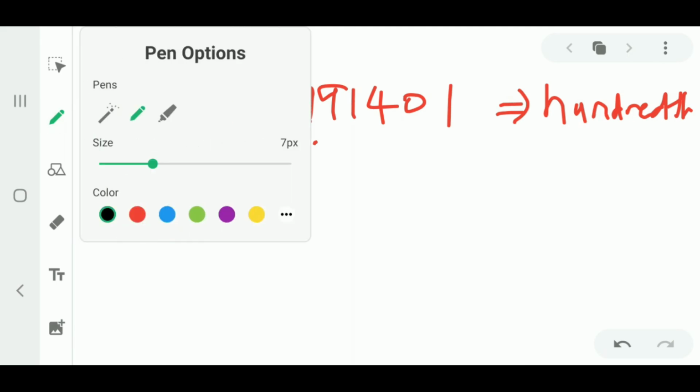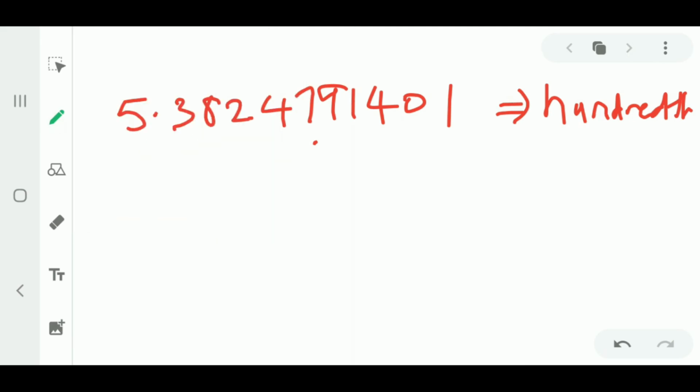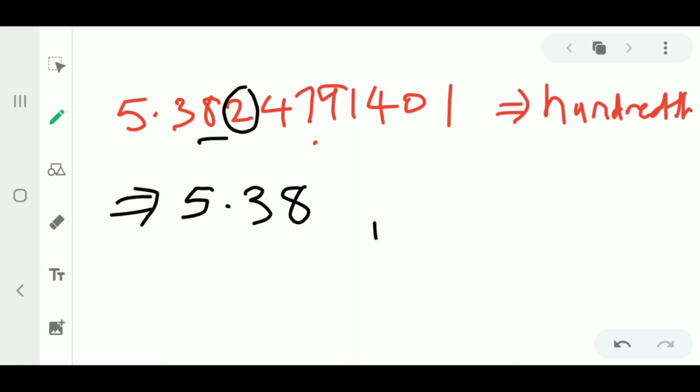We look for the number in the hundredth position, which is the 8. We look to the number immediately to the right, circle it, we realize that it is less than 5, so we are rounding down. So the answer is 5.38. And that's it.